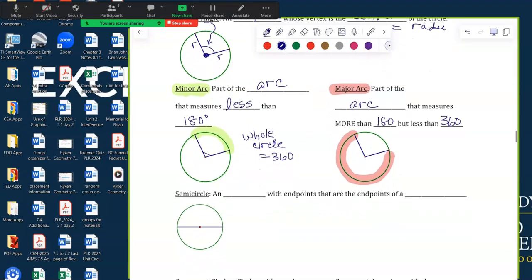A semicircle is an arc with endpoints that are the endpoints of the diameter, so it measures exactly 180 degrees. Okay, so you could call this right here a semicircle.